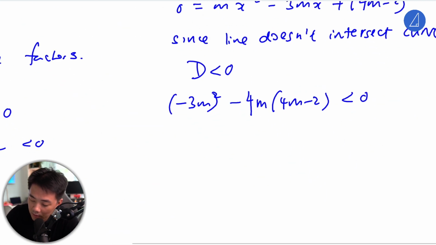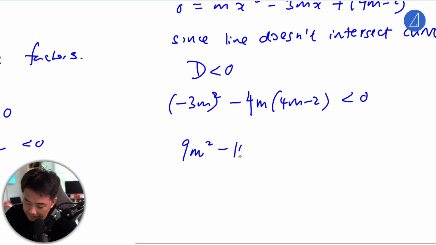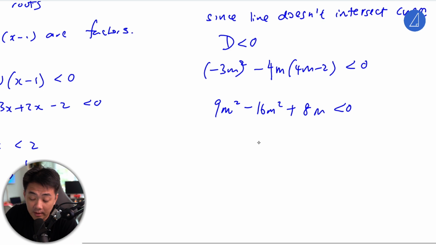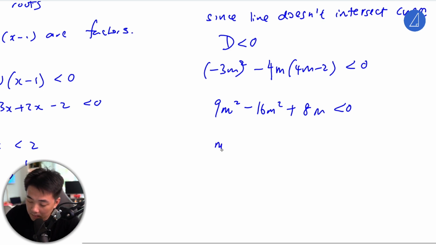Once we've done it, we get 9m squared minus 16m squared plus... I'm going to factorize out the m. In this case here, this is negative 7, right?